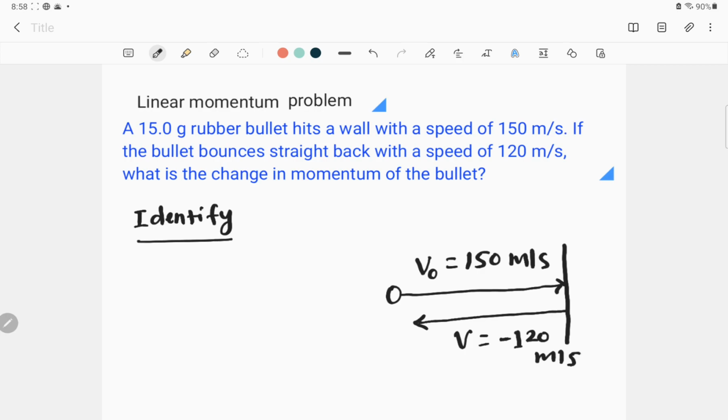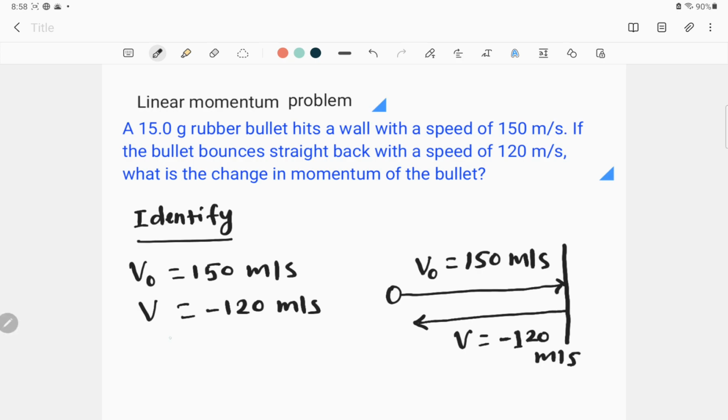This is the returning velocity. So let me write down here, the initial velocity of the bullet is 150 meter per second, and the final velocity of the bullet is negative 120 meter per second. Okay, so these are given things.